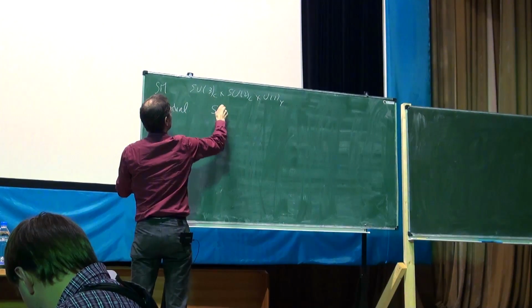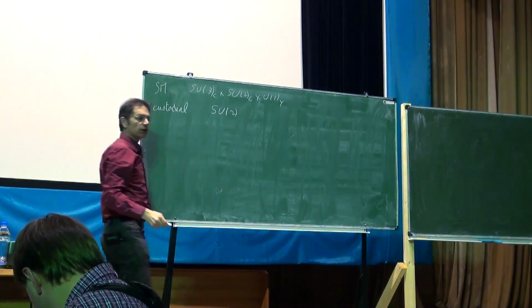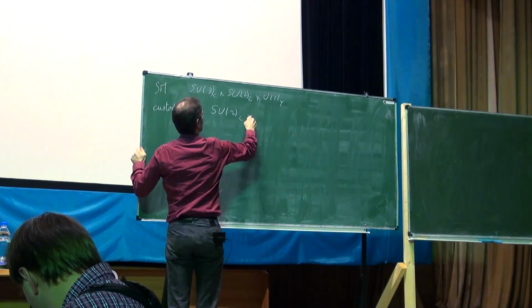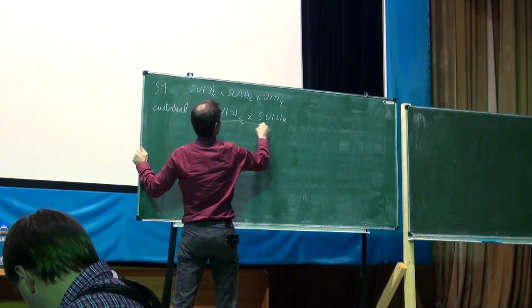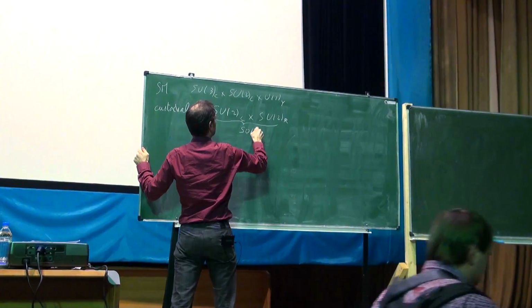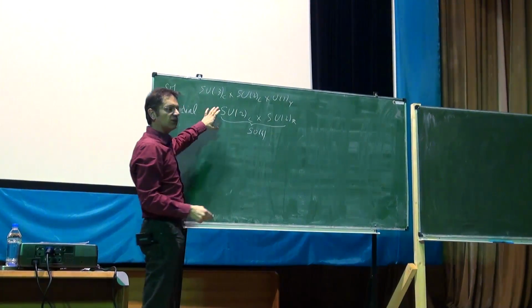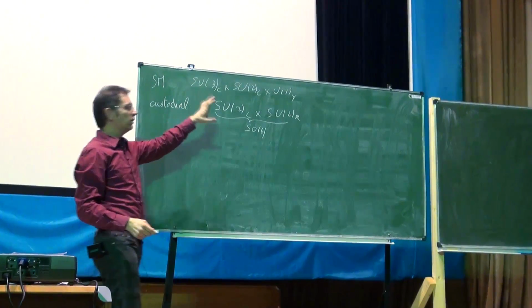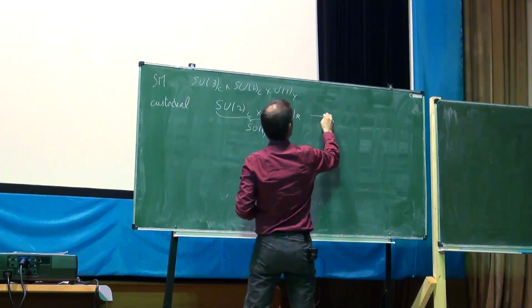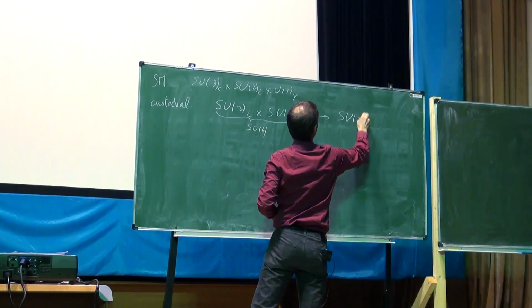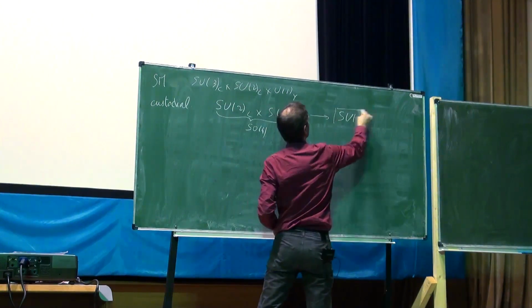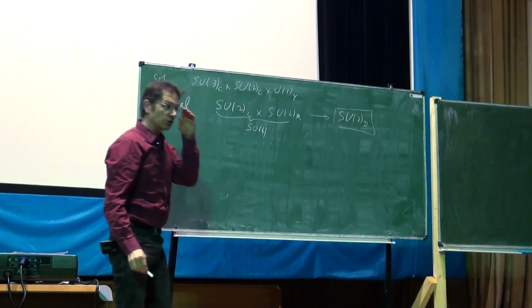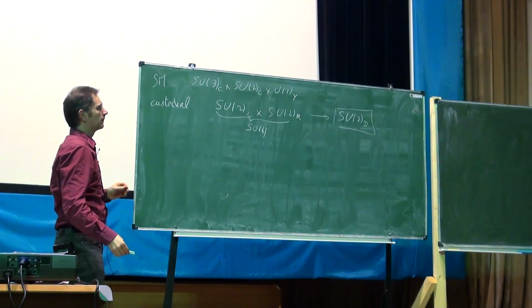The Lagrangian is invariant under SU(2) left cross SU(2) right, which is the same thing as SO(4). And this global symmetry is broken by the vacuum into the SU(2) diagonal. So that's the remaining unbroken symmetry of the vacuum after electroweak symmetry breaking.